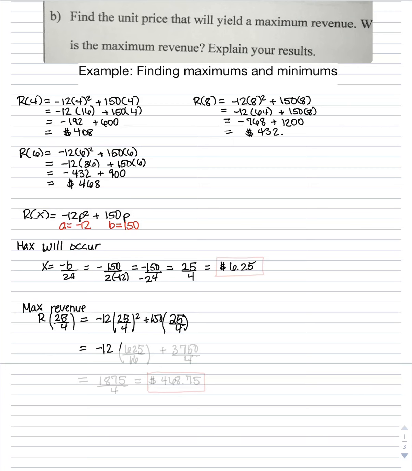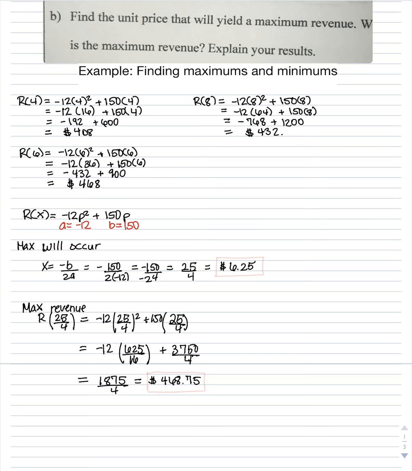And this gives us negative 12 times 625 over 16 plus 3,750 over 4. And then that gives us 1,875 over 4, which simplifies to be $468.75.